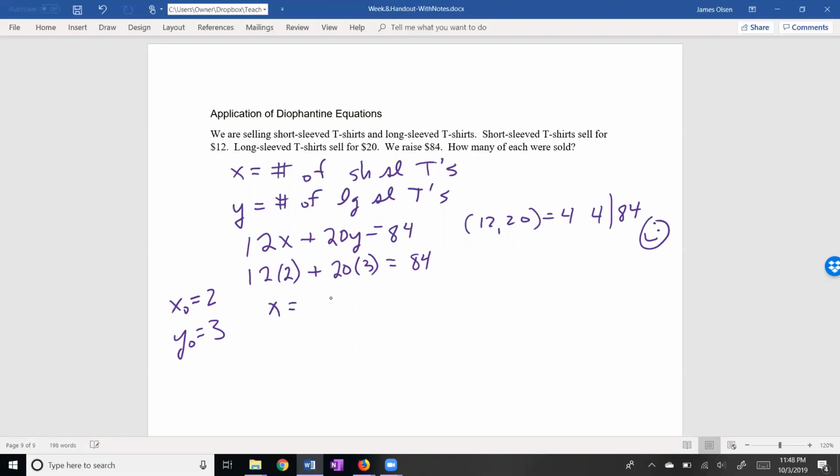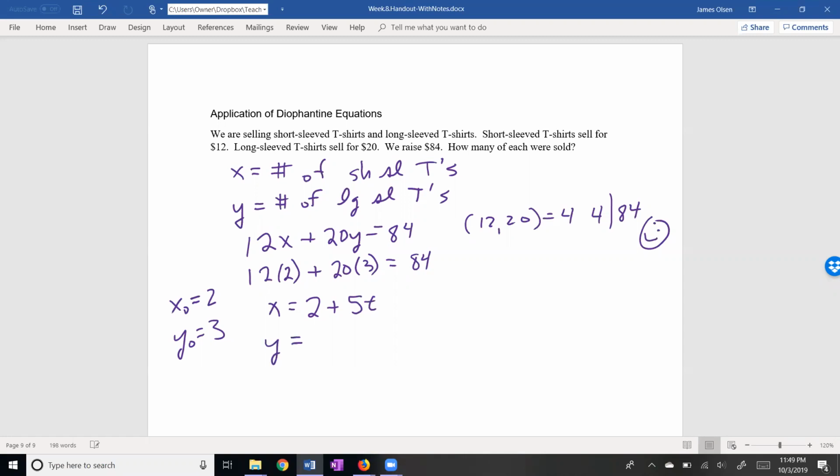Using our formulas, x is equal to x naught plus b over d. Calculate b over d. B is 20, D is 4, so that's 5t.